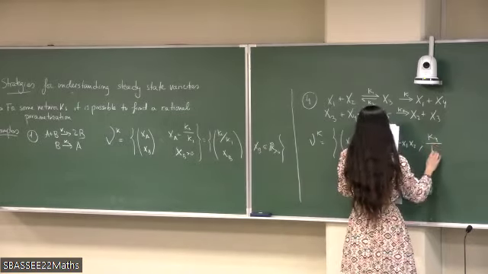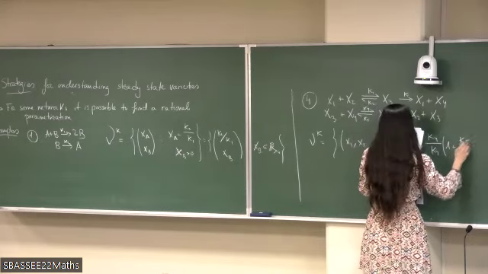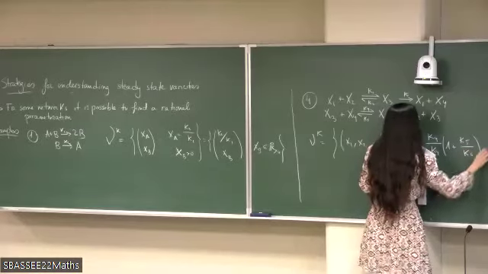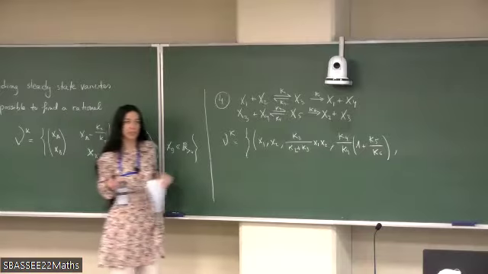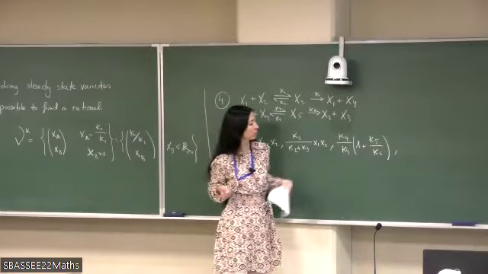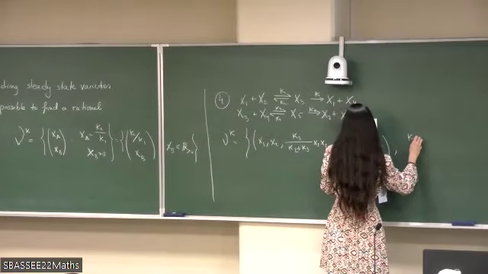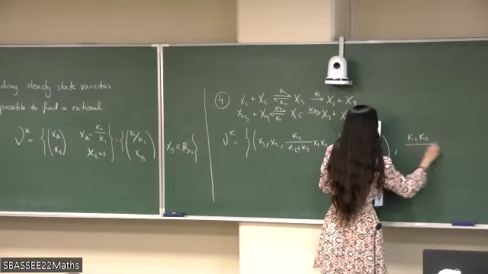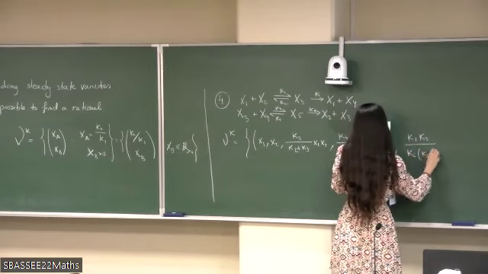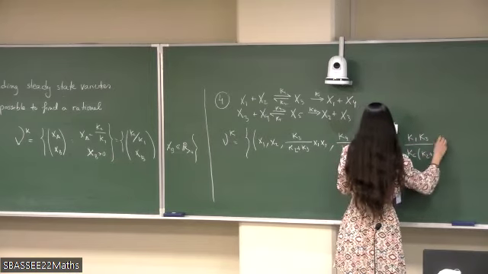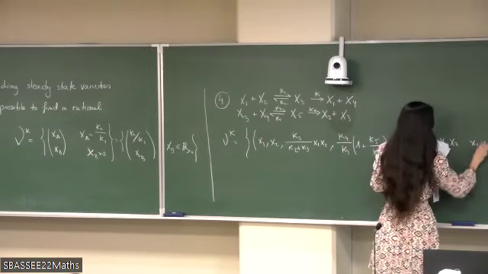For the fourth variable, we don't even need x1, x2. For given values of the k's, x4 is just this. And for the last one, we have this.